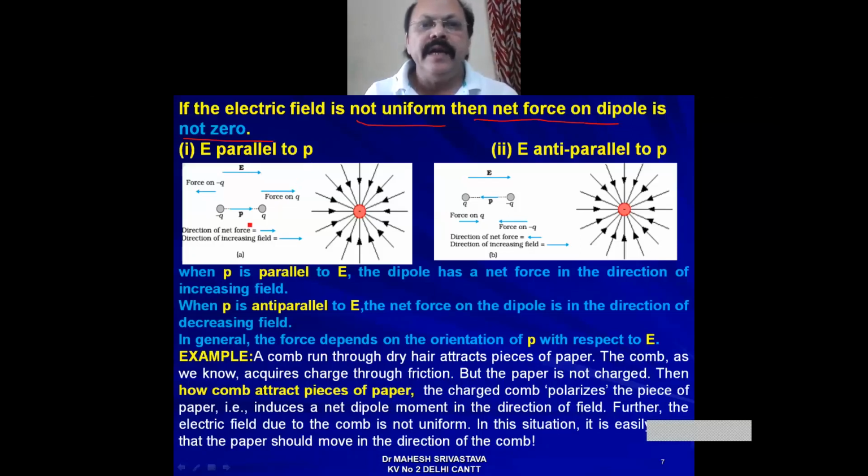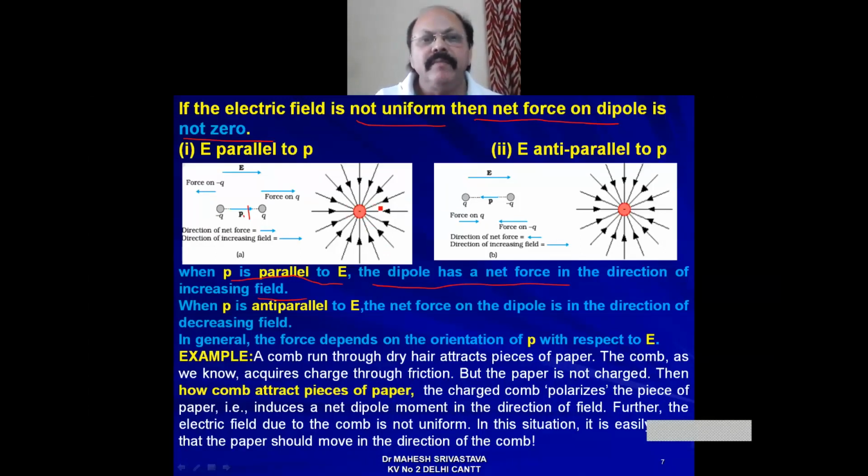See here, we are taking two conditions. One is when P and E, the electric dipole moment and electric field, are parallel. When they are parallel, you see in the diagram, the dipole has a net force in the direction of increasing field. How? Here we have placed a source charge and this electric dipole.